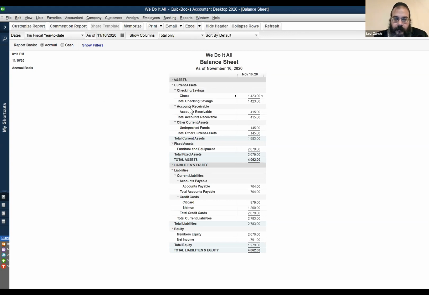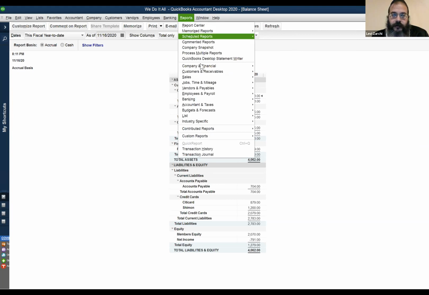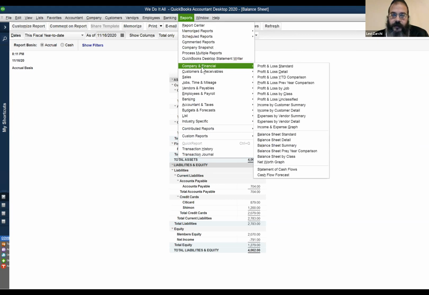Now, I'm going to demonstrate on my report. You might want to go on the Zoom, but I want you to see how to create the report for starters. So later on, when you will be playing around with it yourself, you'll see how to do those reports. So I'm going to pause a minute again. The way to do this is you go to the menu, reports, you go down to the second section where it says Company and Financial, and we choose the first choice, which is profit and loss standard.